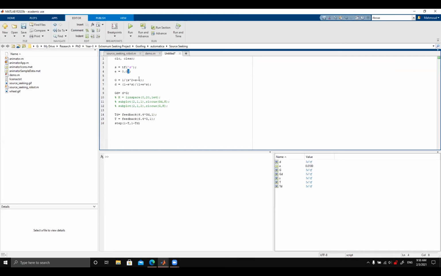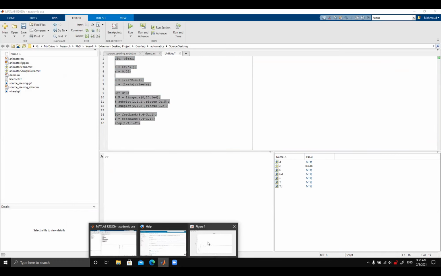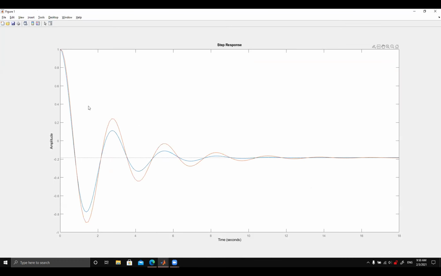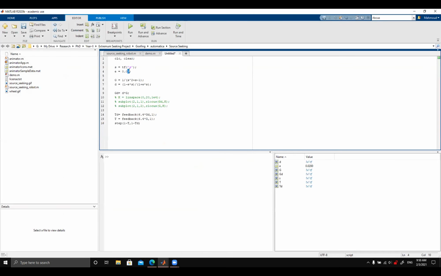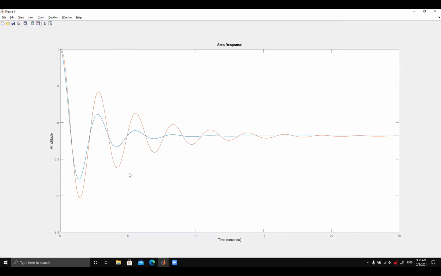Let's try to increase it a little bit, like 0.2. You see that the oscillations grow larger, right? We try to increase it to 0.4. Oscillations keep growing, right?